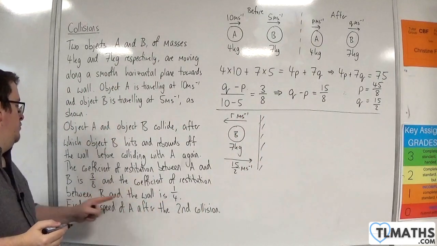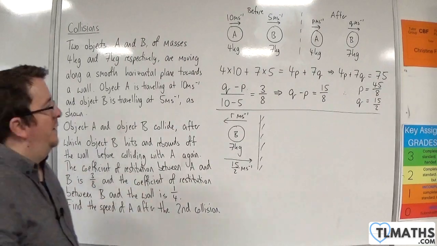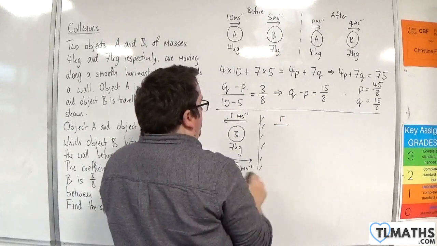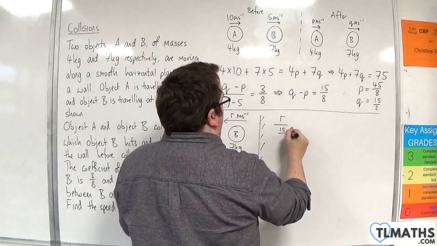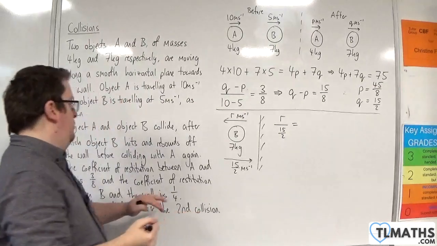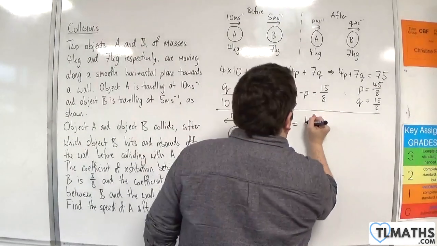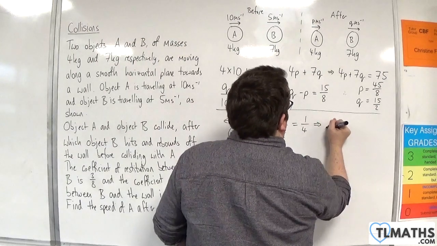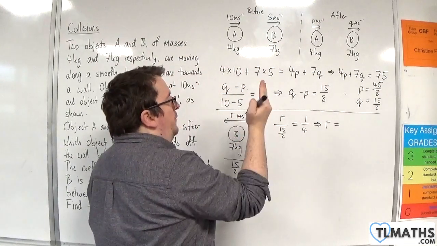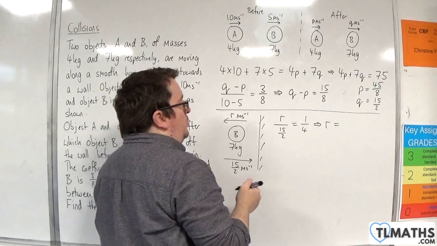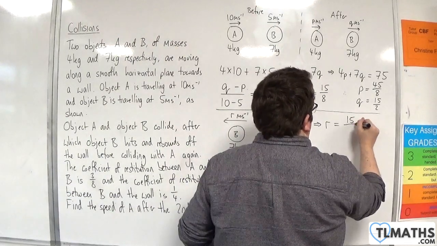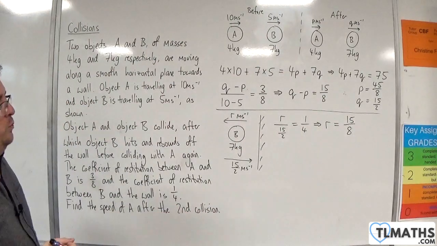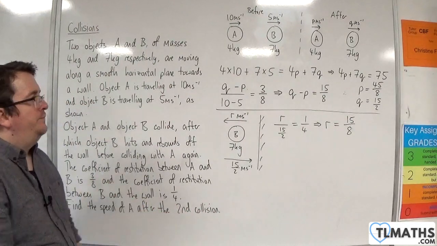Now I know that the coefficient of restitution between B and the wall is 1/4. So the speed of separation, r, divided by the speed of approach, 15/2, must be equal to 1/4. So that implies that r is 15/2 times 1/4, which is 15/8. So that's the speed with which B then rebounds.